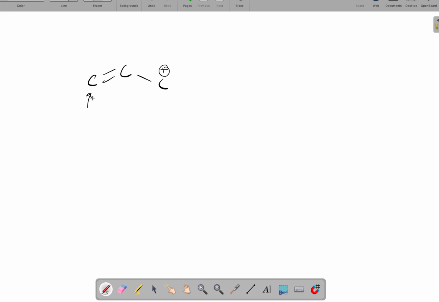What is the hybridization of this carbon? Remember implied hydrogen. SP2. What is the hybridization of that carbon? SP2. What is the hybridization of that carbon? SP2. What do all of them have left over?